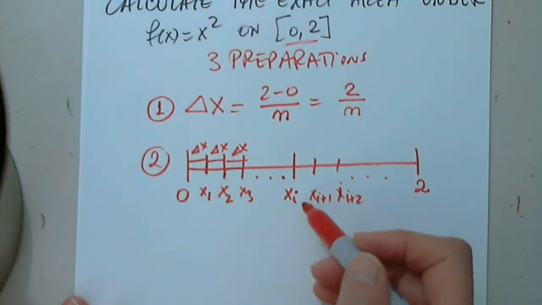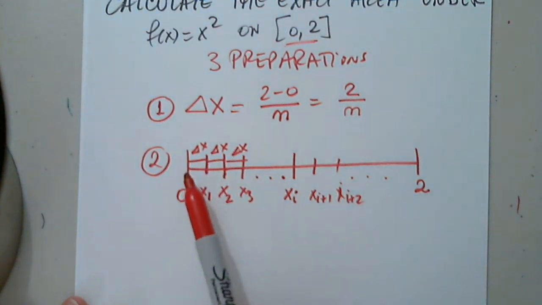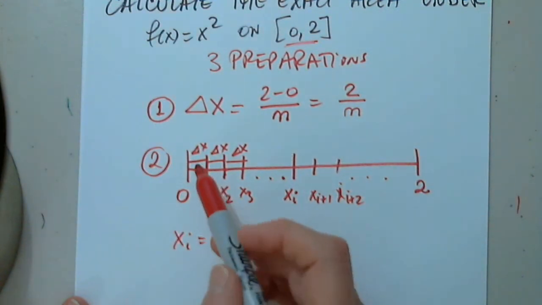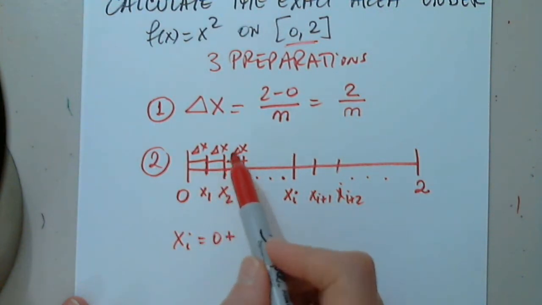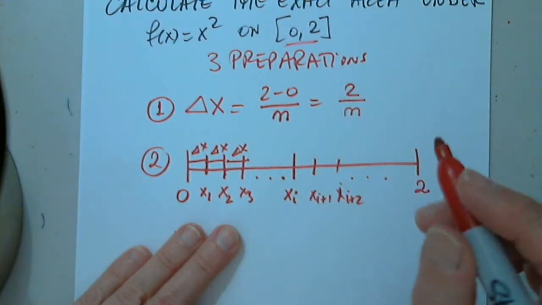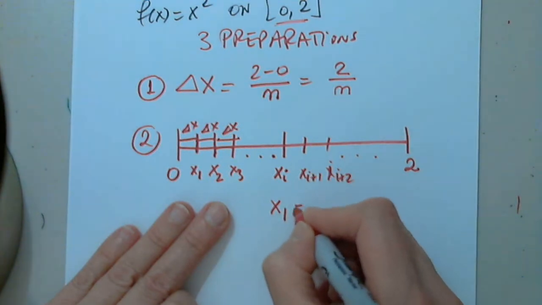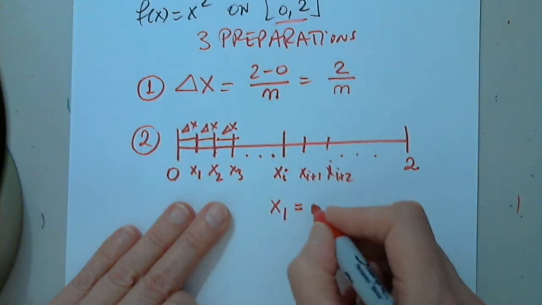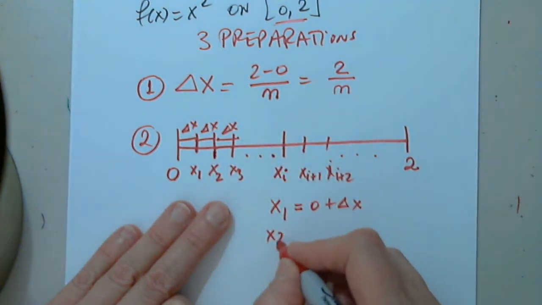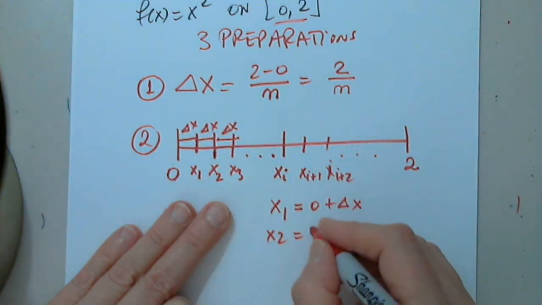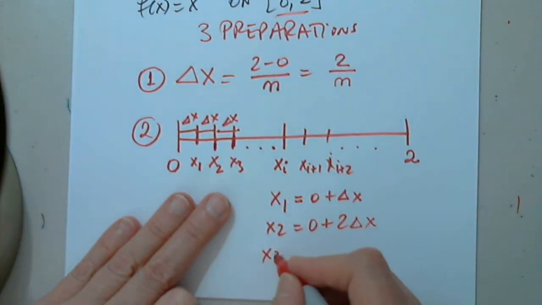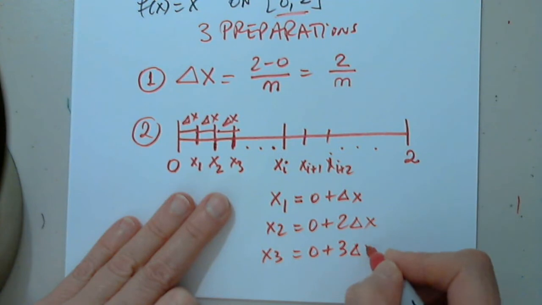So what is the formula for xi? Let me just present x1 first, so you see what the pattern is. X1 is 0 plus a delta x. X2 is 0 plus 2 delta x's. X3 is 0 plus 3 delta x's.